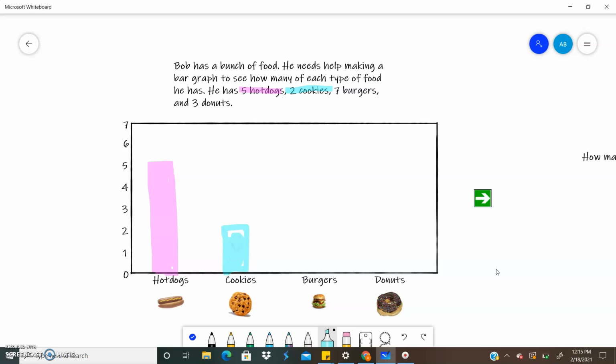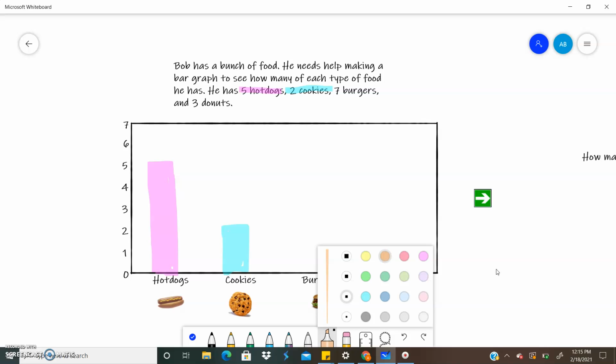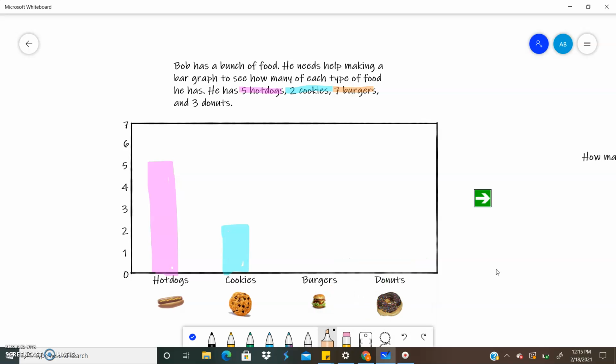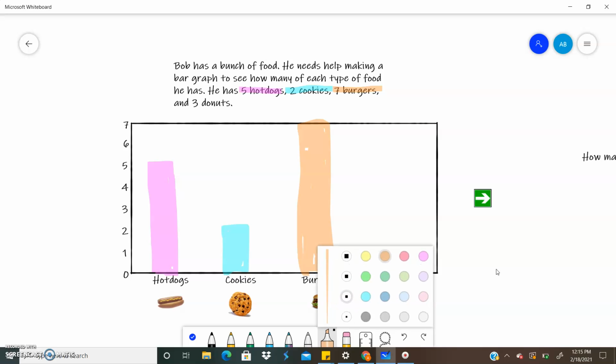See, we are putting our data into this graph. Okay, now how many burgers did we have? Looking through the text, that's right, 7. We're going to go all the way to the top for those burgers. Bob has a lot of burgers. Like I said, just color it in the best we can. It's not a big deal if it's perfect, as long as you can see what number it's going to. Okay, donuts. How many donuts?